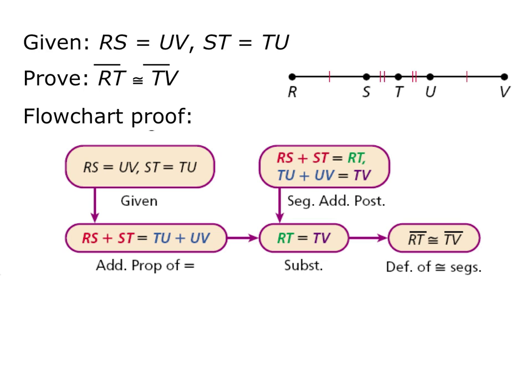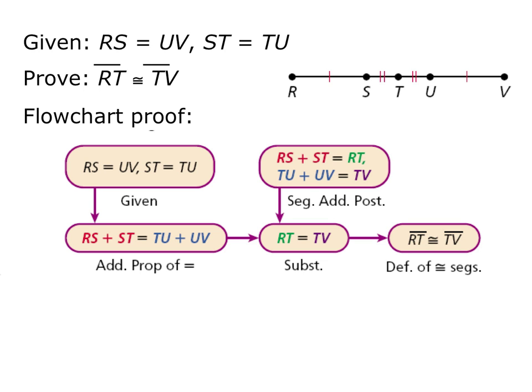Okay, let's try and make sense out of what's there. What kind of things are in the ovals? Are they statements or reasons? The statements are in the oval. The reason is right below it. So this information was from being given. This statement comes from the addition property of equality.